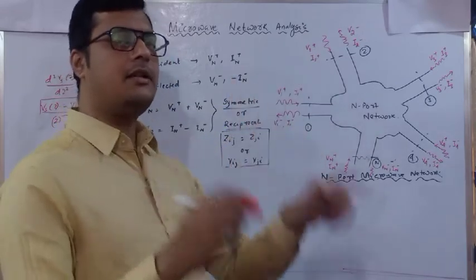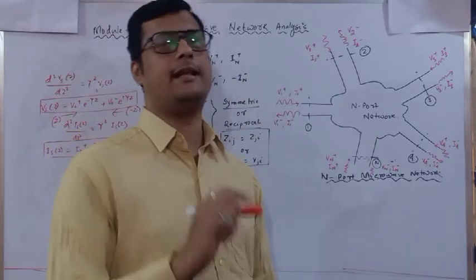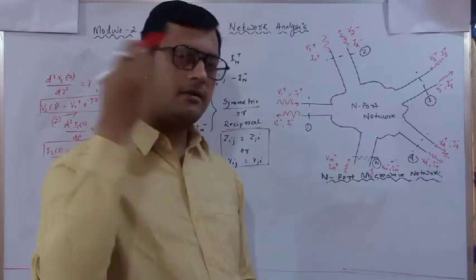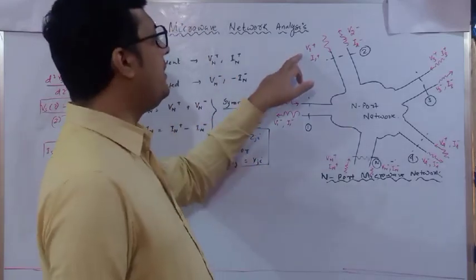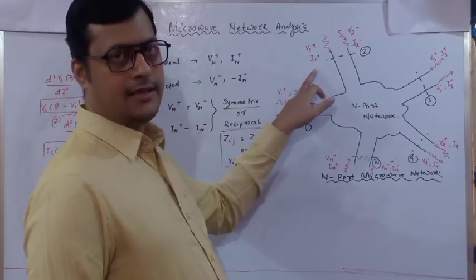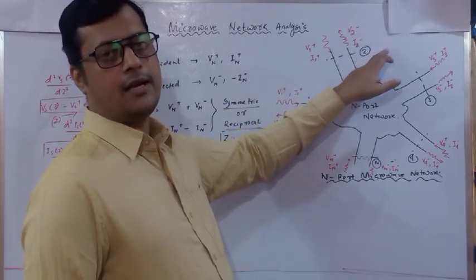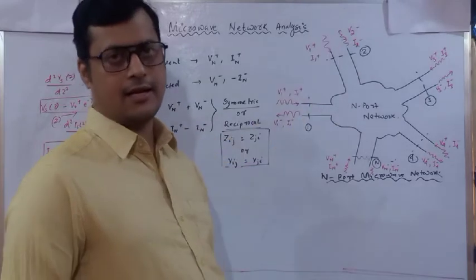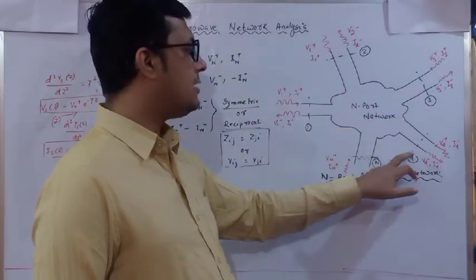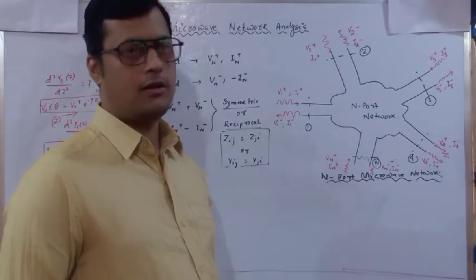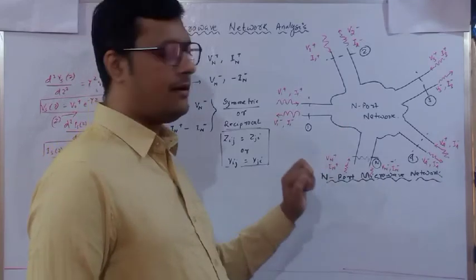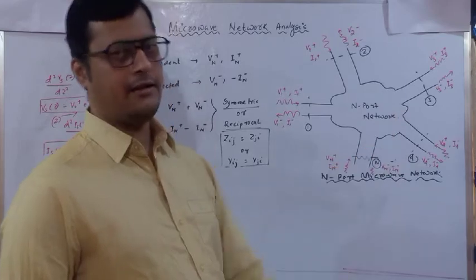Whenever the wave is entering, it is called incident, and when the wave is coming out from that port, it is called reflected. So here I have written V2⁺ and I2⁺ as incident, and V2⁻, I2⁻ as reflected back. Similarly for port 3, port 4, and the nth port: Vn⁺, In⁺, Vn⁻, In⁻.